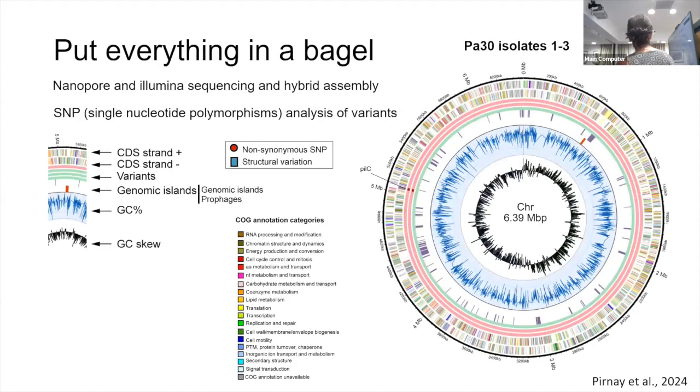We performed sequencing with a combination of Illumina and nanopore, hybrid assembly. You get some nice contigs. It gives you an overview of the plasmids and the prophage also present. And we compare it to the resistors by looking at SNPs.